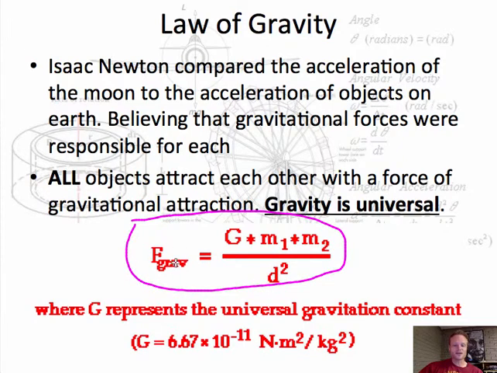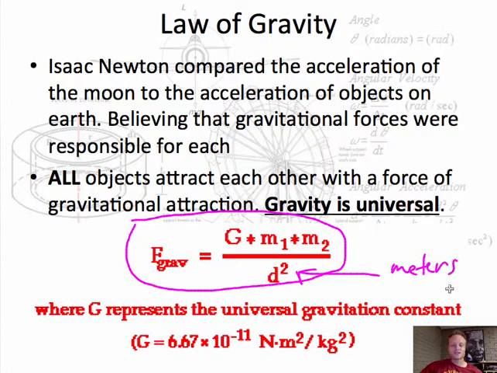Basically, it says the force of gravity equals big G times the mass of object 1, which in many problems will be the Earth, times the mass of object 2, which will be the thing that you're comparing it to, whether it be a spaceship, a person, an apple, whatever, divided by the distance squared. A couple things to keep in mind as you're doing this. The distance must be in meters.